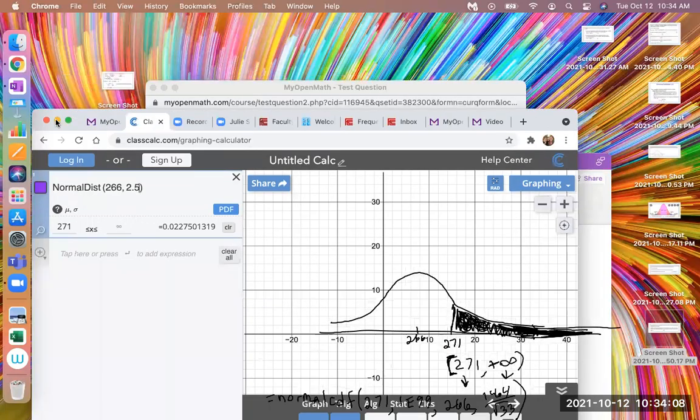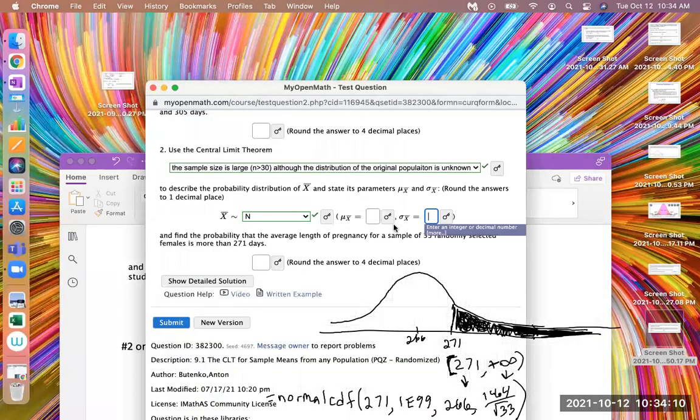Although typically, if they didn't ask for the standard deviation up here and ask you to round it off, then I would keep everything as accurate as possible. But because they asked us to round that off, that's probably why they want us to use that rounded version.